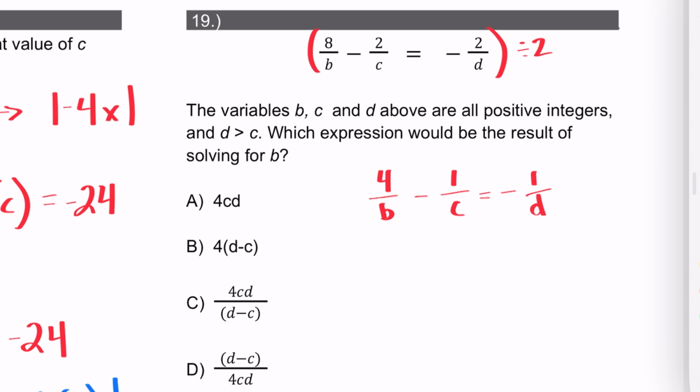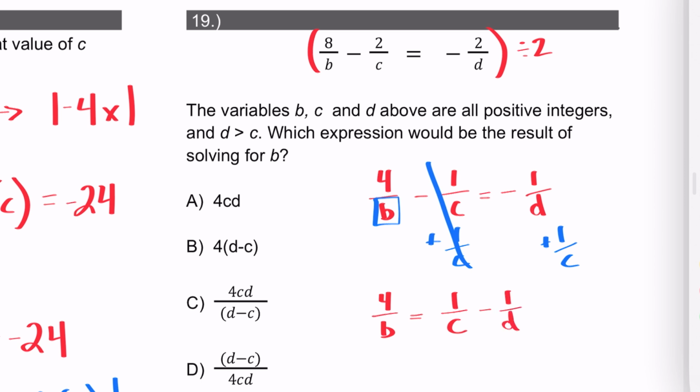Okay. Now, because we're trying to solve for b, we want this all by itself. So we're going to move the 1 over c to the other side by adding 1 over c to both sides, canceling that out, giving us 4 over b equals 1 over c, which is now positive, minus 1 over d.